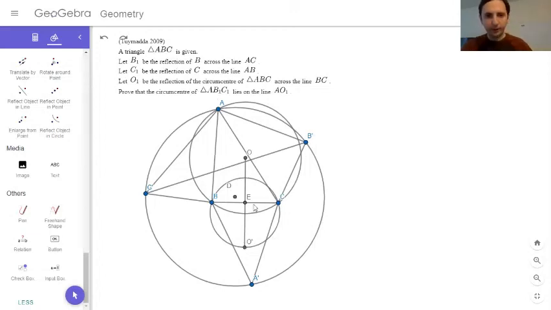So really, we can ignore a lot of the figure. If we reflect C across AB and draw the point so that it makes a parallelogram, then we want to show that that's a 90-degree angle, which feels like it shouldn't be that hard.